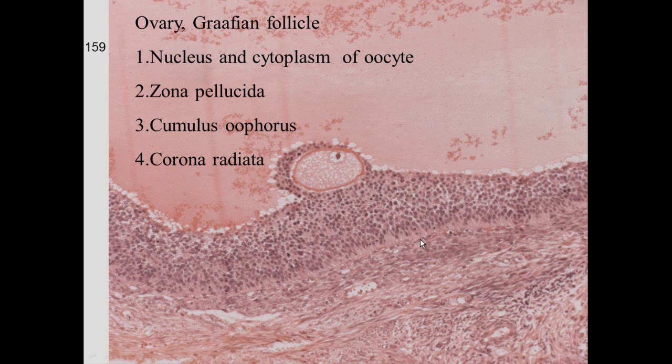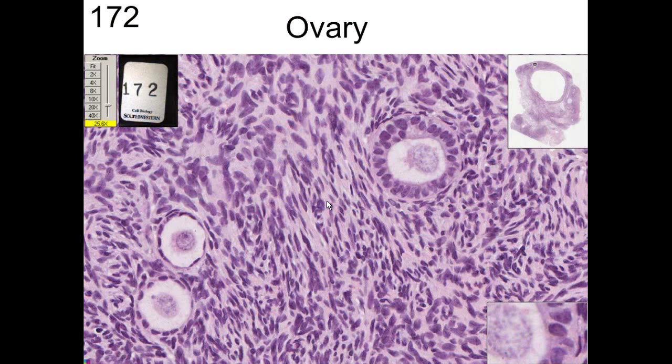In addition to the follicular fluid in the cavity, here we got the granulosa cells, and then we got a theca interna and a theca externa also there. So we see the nucleus, nucleolus, zona pellucida, cytoplasm, corona radiata, cumulus oophorus that we see there.